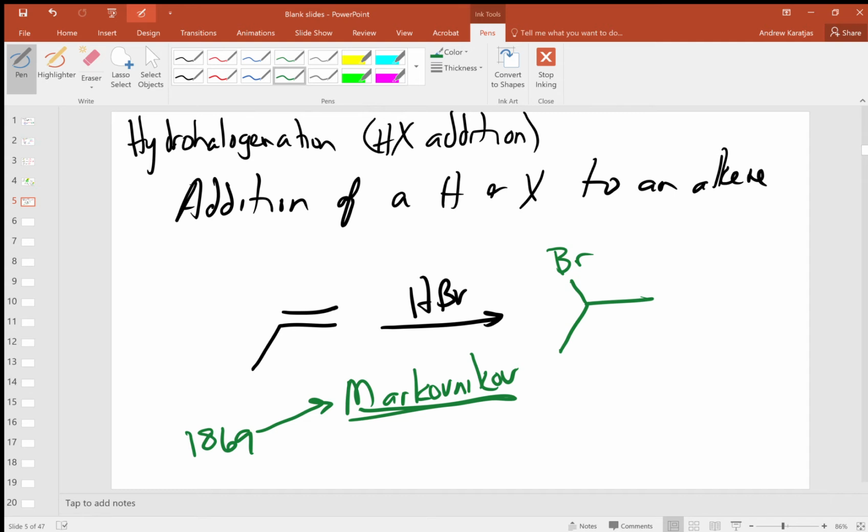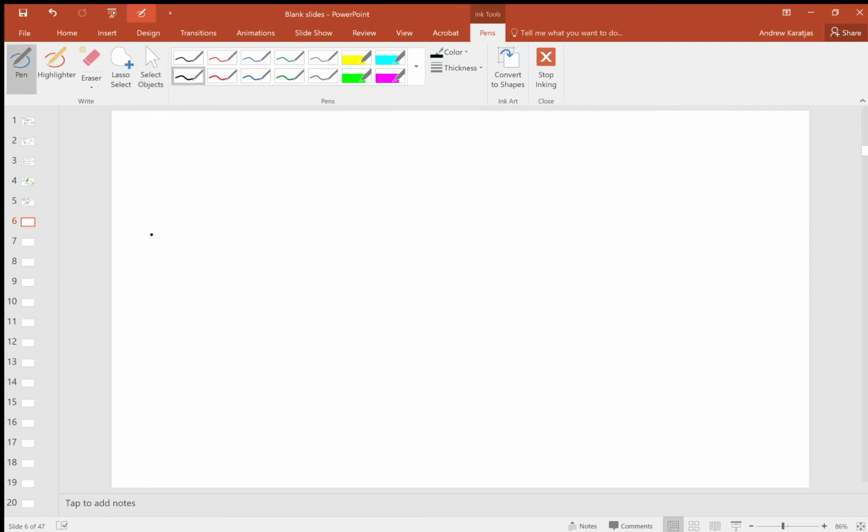How does the reaction work? What's the mechanism? Well, it's a basic two-step mechanism here. And in the first step, the alkene functions as a nucleophile, attacks the hydrogen of the acid, the HBr here, and kicks out the bromine.